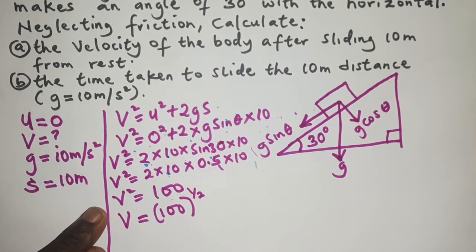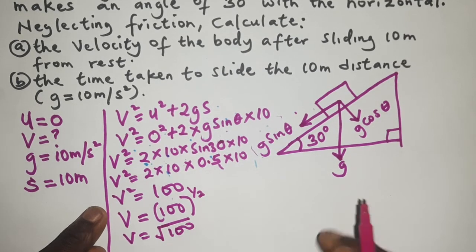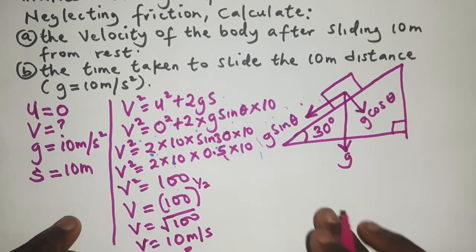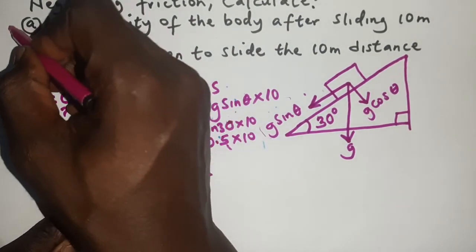So you have to find the square root of the number. So v equals the square root of 100, so our v equals 10. Square root of 100 is 10, so 10 meters per second. So that does it for part A. Part A has been solved.